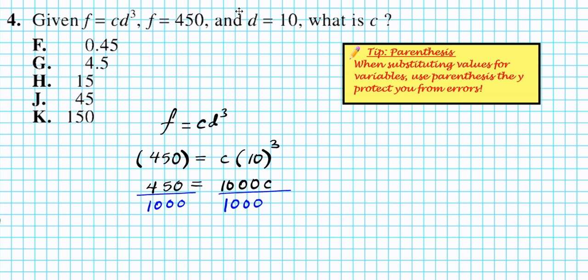That results in the 1,000's divided out on the right side, so we can write this as c equals 450 divided by 1,000. You can simply cancel out a 0 from the top and bottom by dividing by 10. So we have 45 divided by 100.